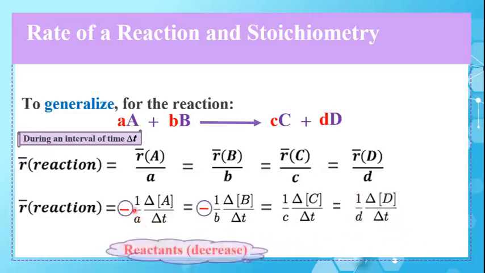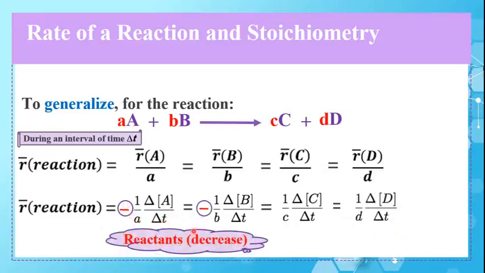Remember that the minus here is because the reactants are decreasing with time. So delta concentration of the reactant will have a negative value, and with the minus here we will get a positive value for the rate.